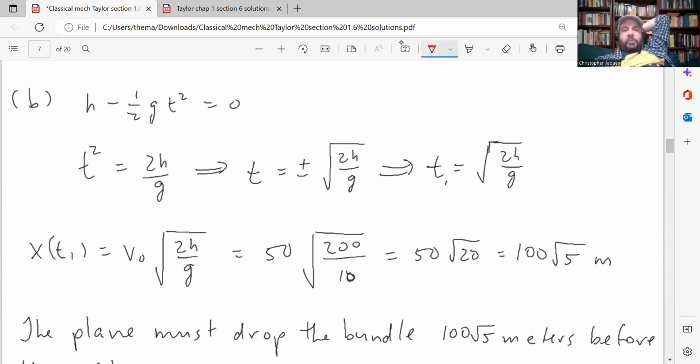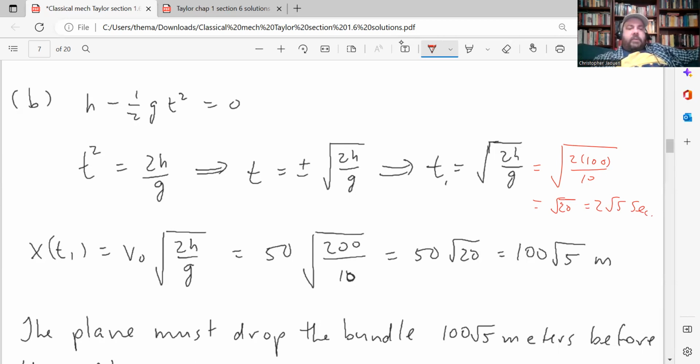They said h was 100 and g was 10. When you simplify that, you get square root of 200 over 10, or square root 20, which is the same thing as 2 root 5 seconds. So that's how long it takes for the bundle to hit the ground, about 4.5 seconds.